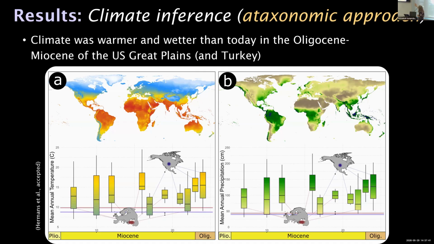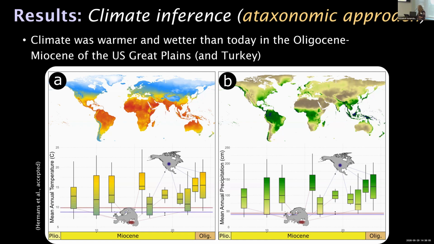On the right-hand side, mean annual precipitation. And the blue line is the current temperature in North America and precipitation. And as you can see, even though we have a lot of uncertainty, climates were overall warmer and wetter back in the Miocene than Oligocene than we have today in the Great Plains, also in Turkey.